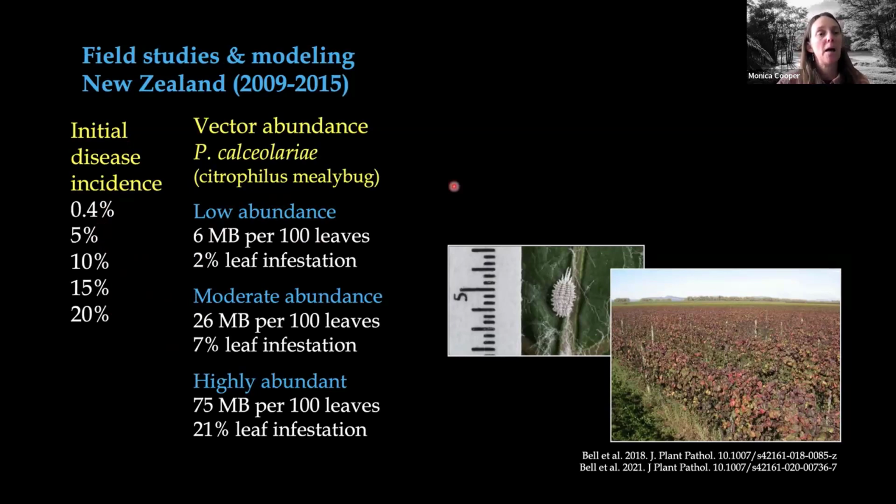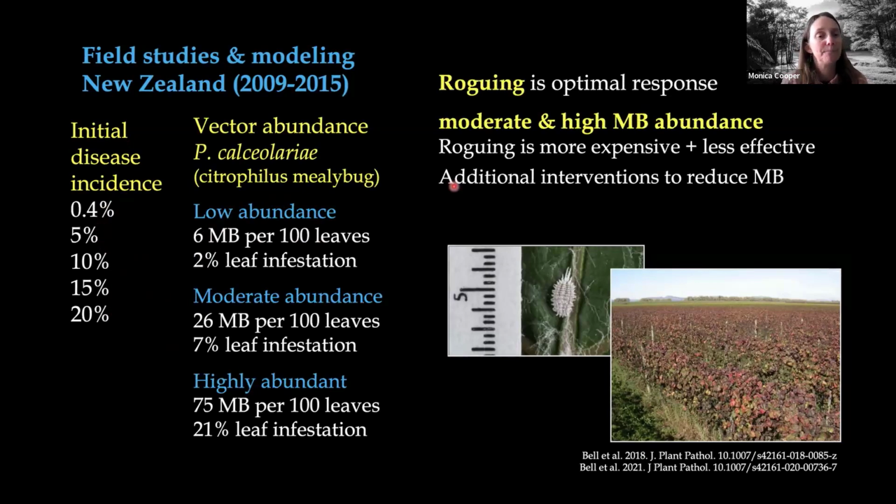What he found is that regardless of initial disease incidence, roguing is the optimal response. And at low levels of mealybugs, roguing is still the optimal response. When you start to get to higher, moderate mealybug abundance, roguing becomes more expensive.